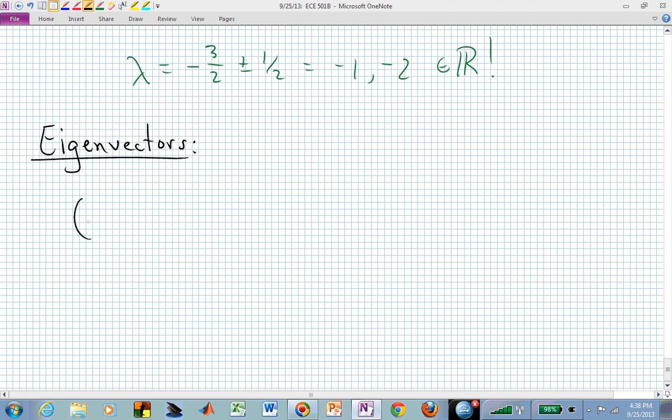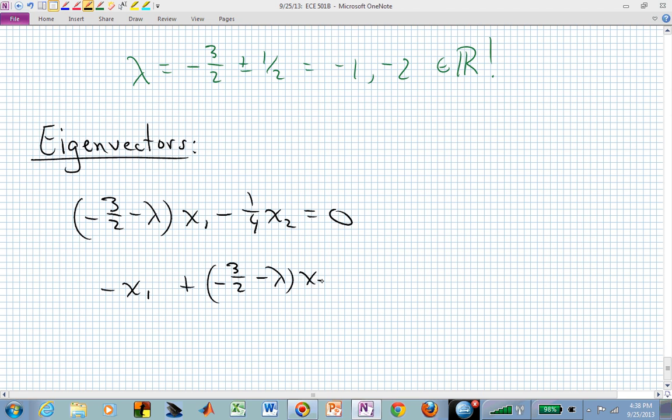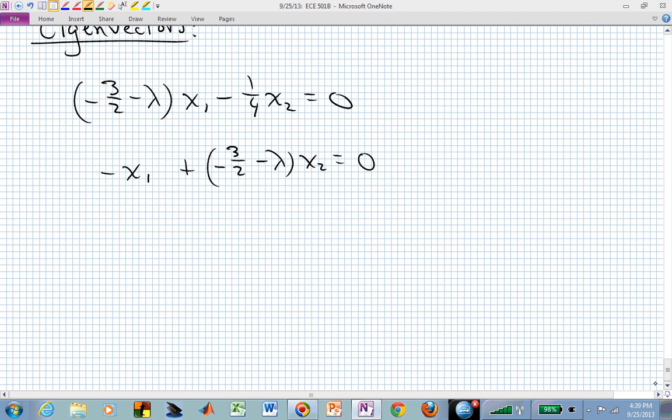Our first equation was this: minus 3/2 minus lambda x1 minus 1/4 x2 equaling 0. And our second equation was minus x1 plus a minus 3/2 minus lambda x sub 2 equal to 0. Well, that's begging to be put into a matrix structure, isn't it?